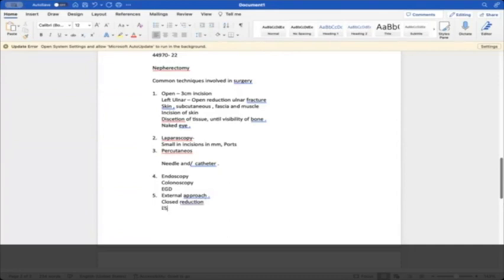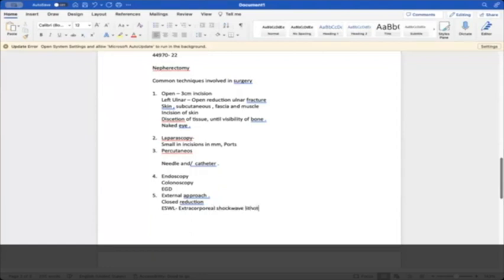Second thing, ESWL. What is meant by ESWL? Extracorporeal shock wave lithotripsy.